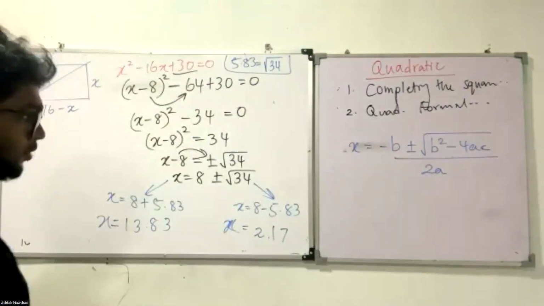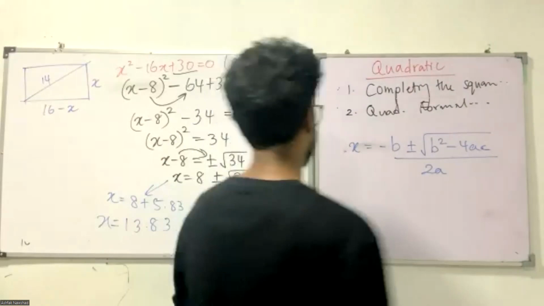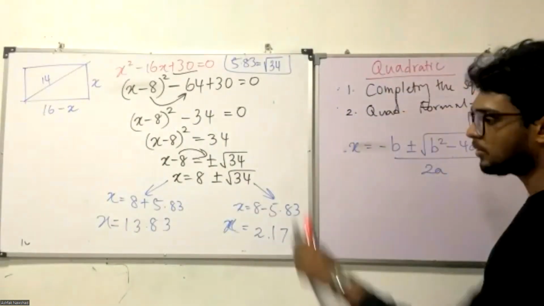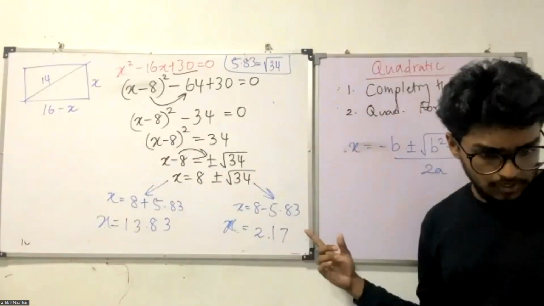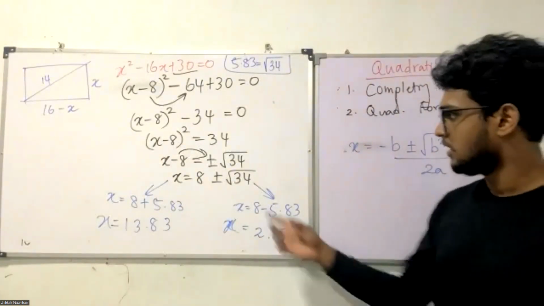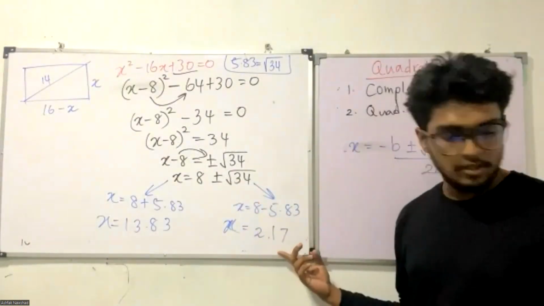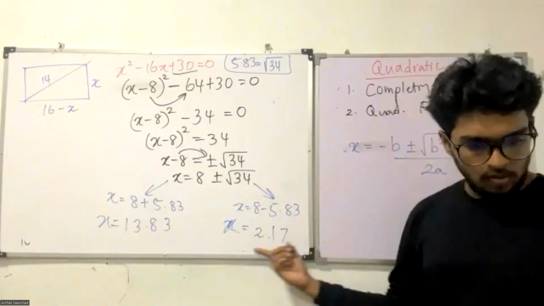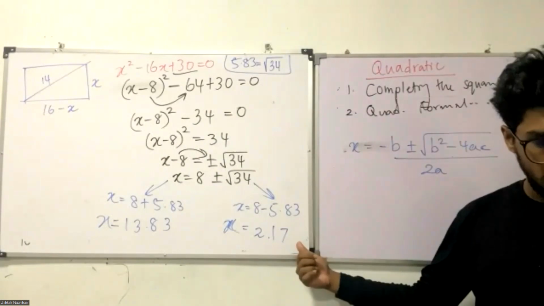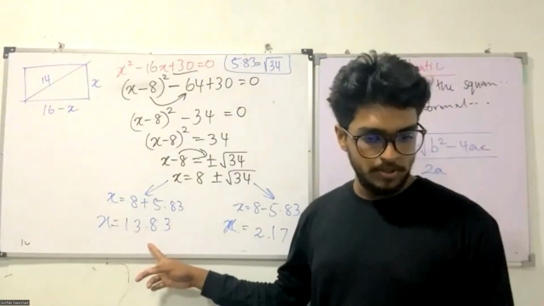Therefore, we always get two answers. In the previous question, we could cancel one answer because that was negative. But here, that's not negative. The other answer, 8 minus root 34, is also a positive value. This can also be a length.